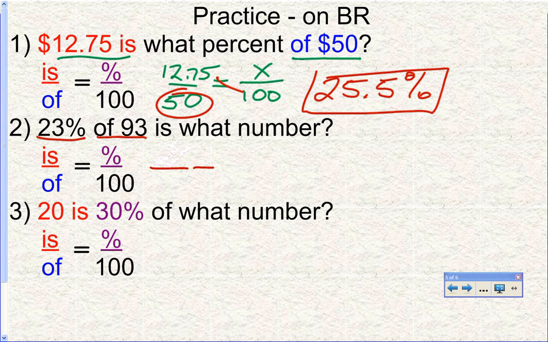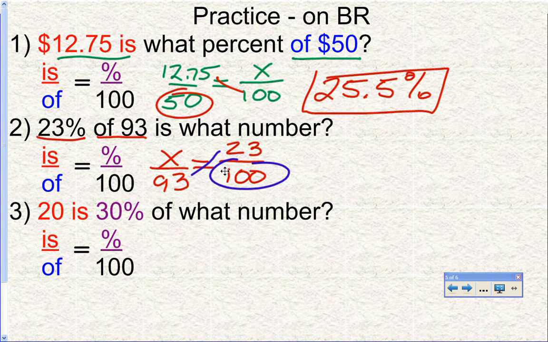So let's fill in the blanks. 23% of 93 is, cross multiply and divide. Yes, I'm in a singing mood today. I apologize. I'm punching this in my calculator as we speak, and I get 21.39. Hopefully you're getting these correct.